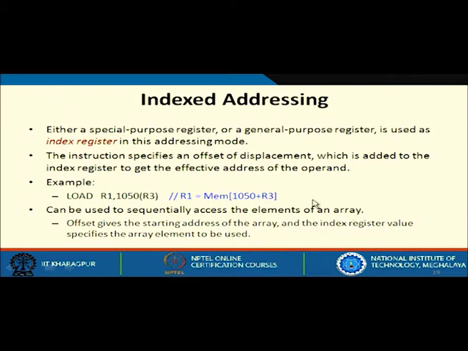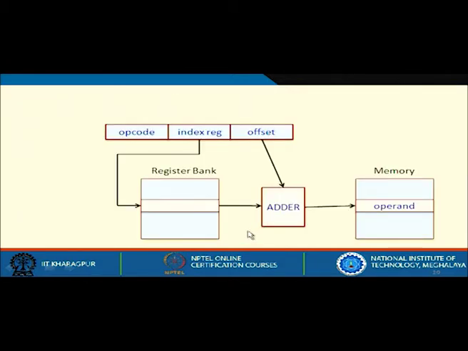We load the first address and then move to the next address by adding an offset to it. The offset gives the starting address of the array, and the index register value specifies the array element to be used. The first can be the 0th element, then the next, and so on. So this index register is added with this offset, that particular address is searched, and we get the operand from there.